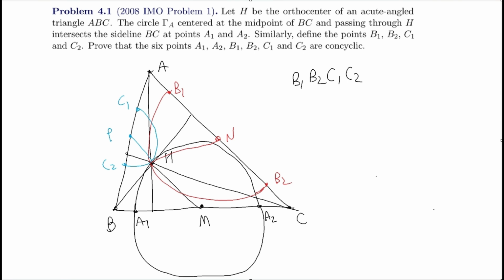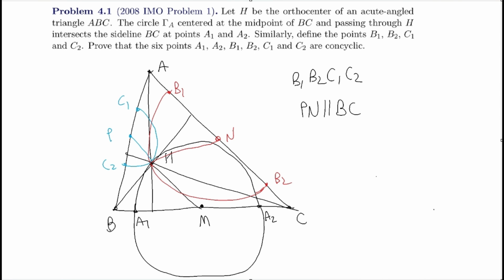So the first part is to go backwards. So we solve the problem by going backwards by first applying the radical center theorem to see what we have to prove, and then going backwards from there and getting a true statement, which is PN parallel to BC. So let's go forward. So we start with PN parallel to BC.